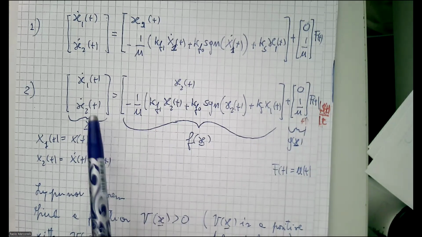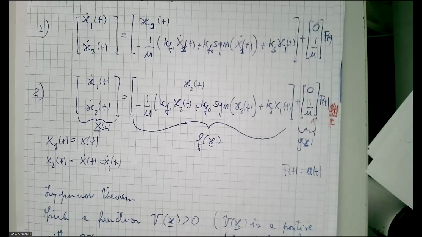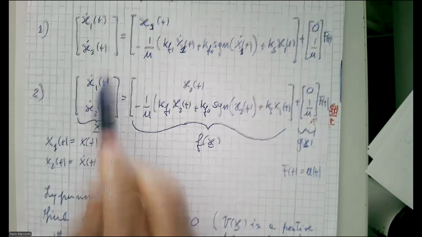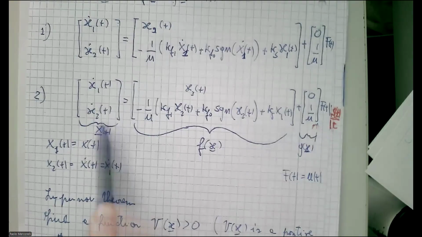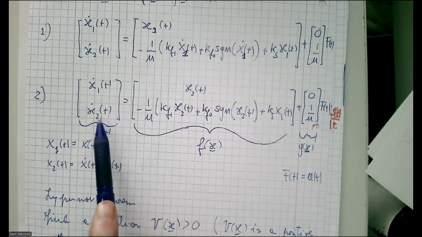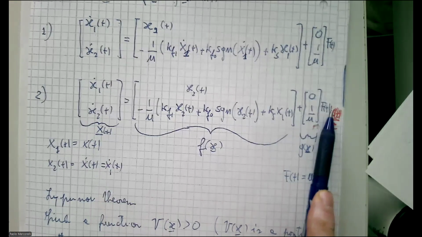Assuming that I want to control just x2. You remember I told you that the Lyapunov function must consist of all states. But let me consider that I don't want to control x1, the position. This means the relative degree of x2 with respect to f of t is just 1.